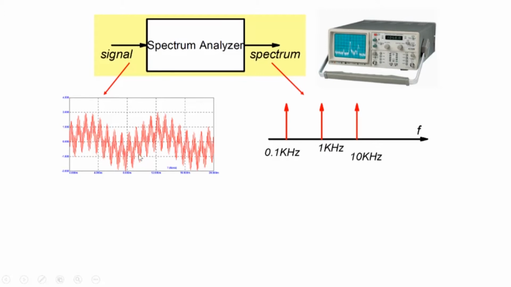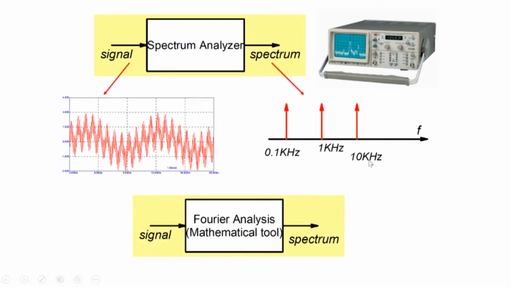Now, as I said, when we looked at the signal, we could see that there was one high frequency and one low frequency, but perhaps seeing that there are 3 clear frequency components in this particular one was not apparent. But when we do a frequency analysis, that becomes clear. It would also tell us the magnitude of the 0.1 kilohertz, 1 kilohertz, and 10 kilohertz components.